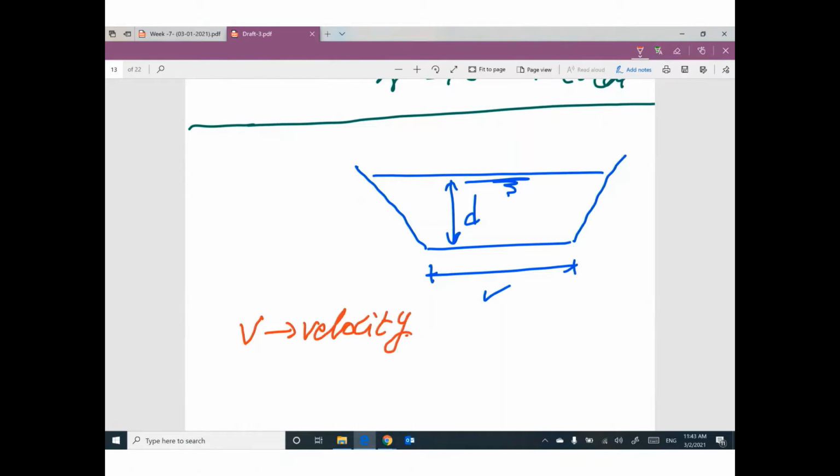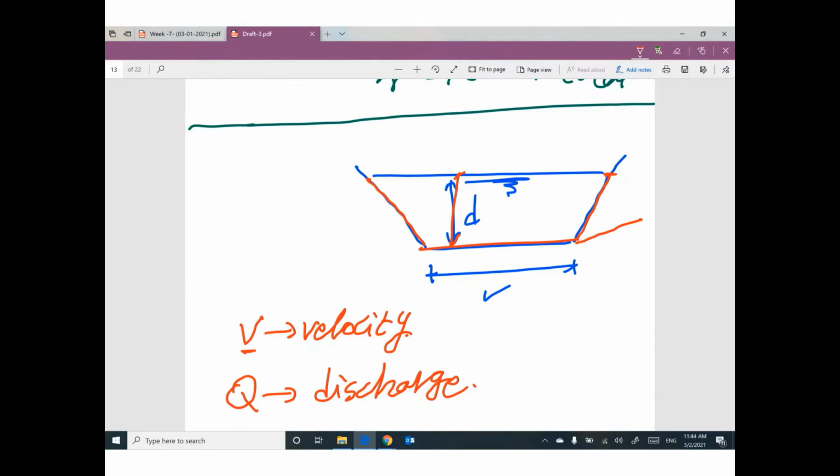Without anything else? No. Just tell me the cross-section dimension, the water depth, and the slope of this channel. I can tell you the velocity, and I can tell you the discharge.